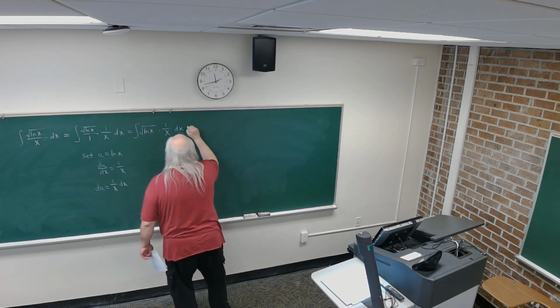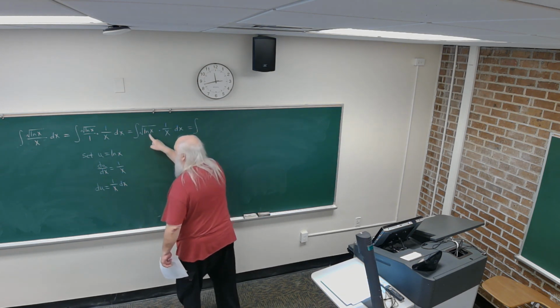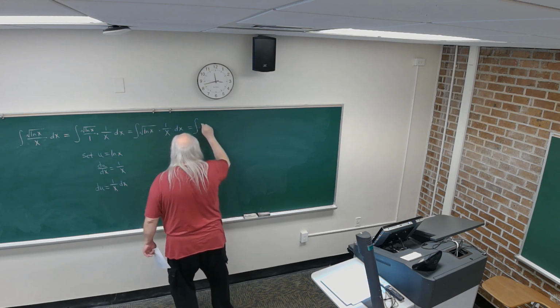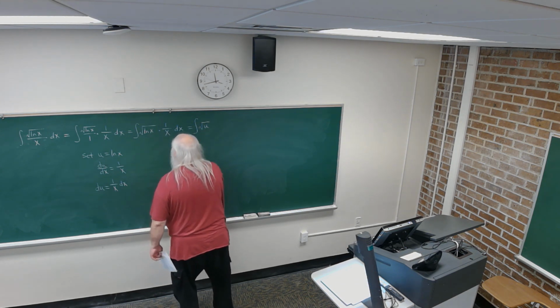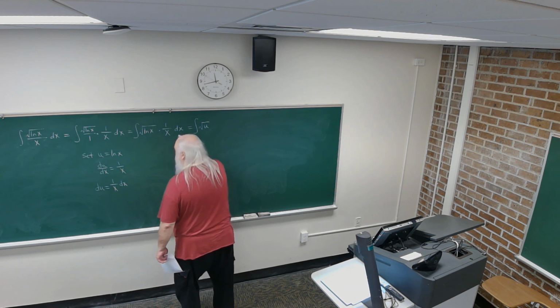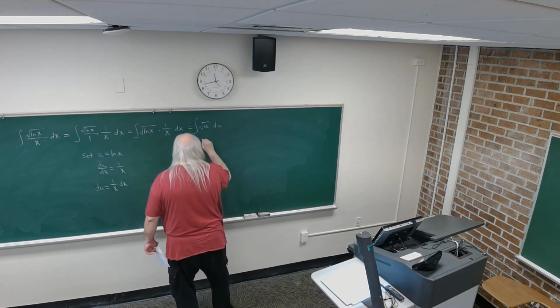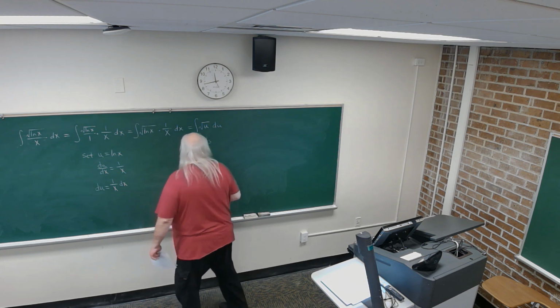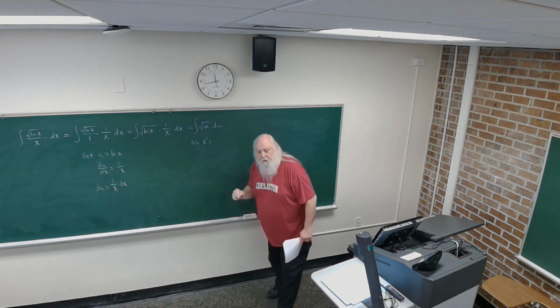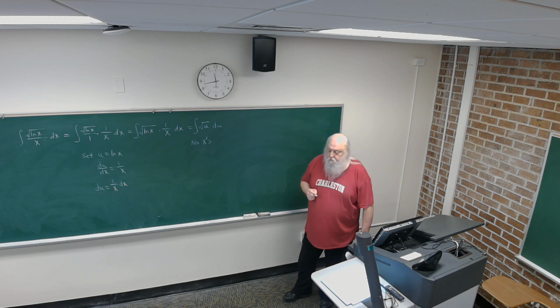So now when we do the substitution, put u in for the natural log of x, we have the square root of u, and then 1 over x dx is equal to du. And again, after we do the substitution, there better not be an x anywhere, or you did something wrong.